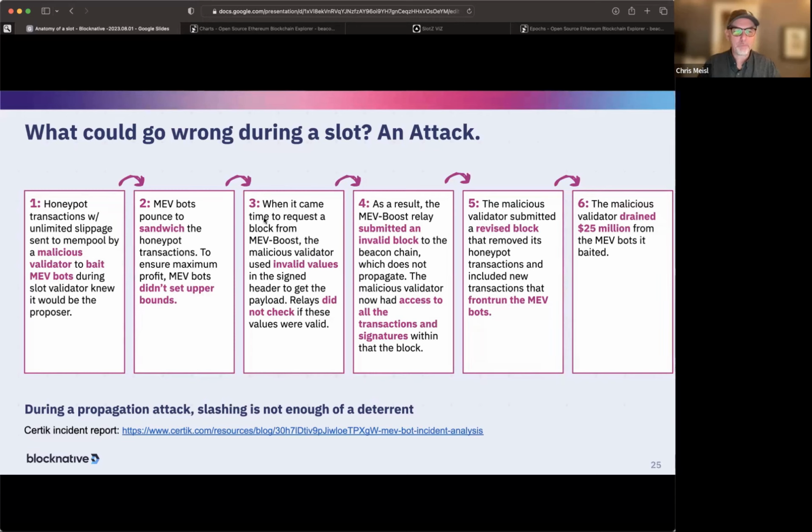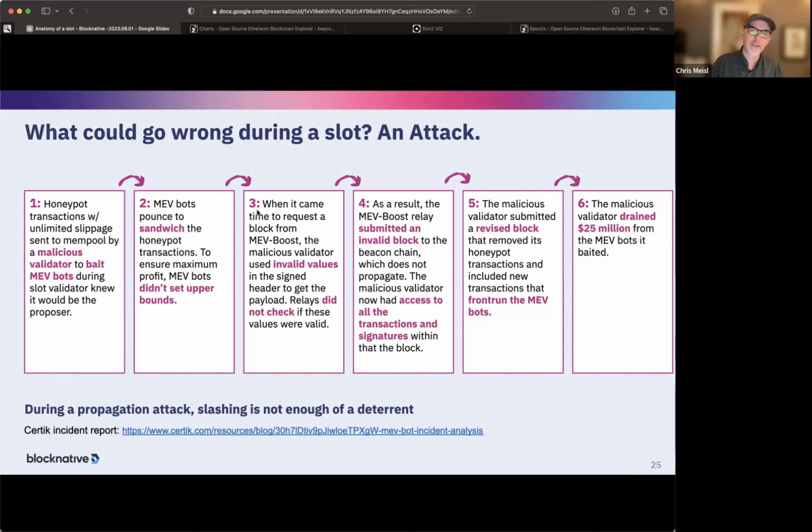This malicious validator had set it up so that when they knew they would be the proposer, because you know you're a proposer ahead of time by a few minutes, all the proposers for the epoch, that's 6.4 minutes, you can plan this out carefully when you initiate these honeypot transactions. That's going to trigger the sequence.